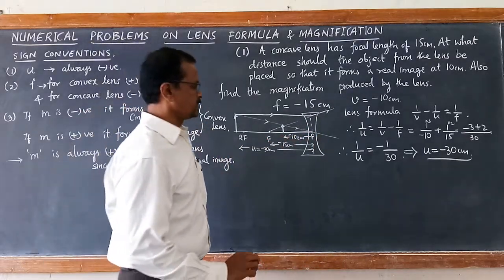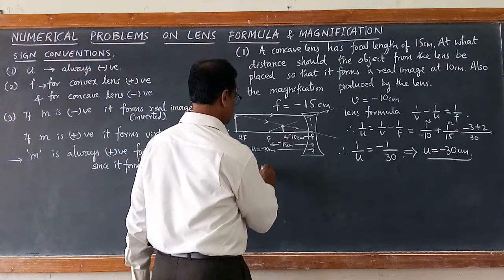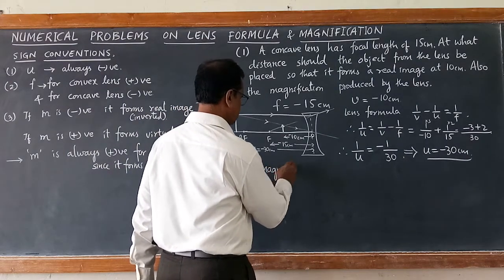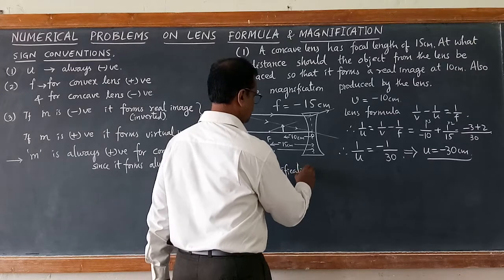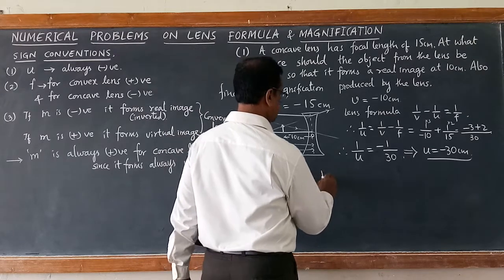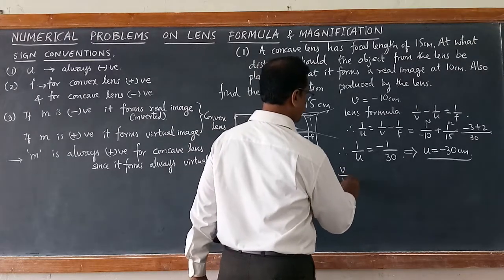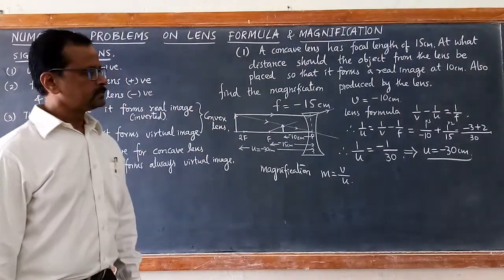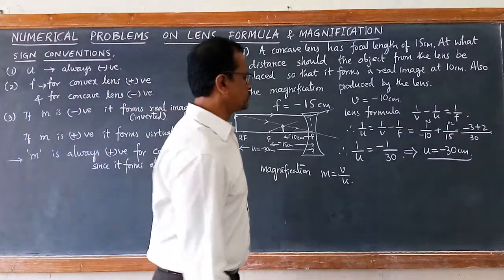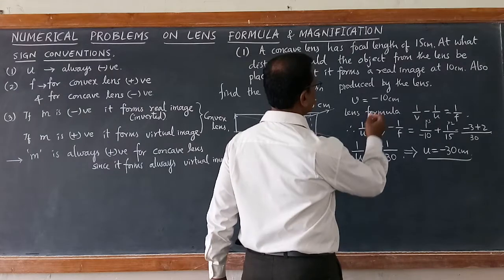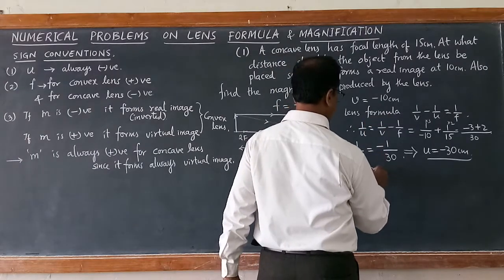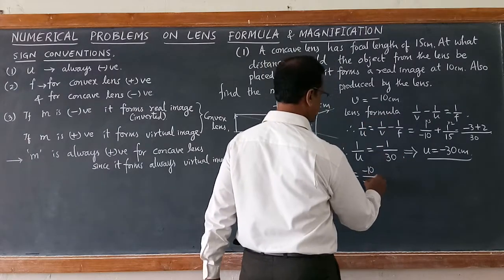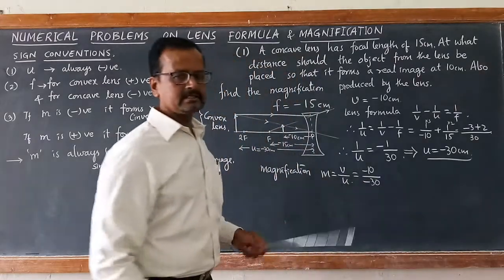So magnification of the lens, M is equal to V by U. That's it. We know V and we know U. V is equal to minus 10, U is equal to minus 30. So minus cancels.